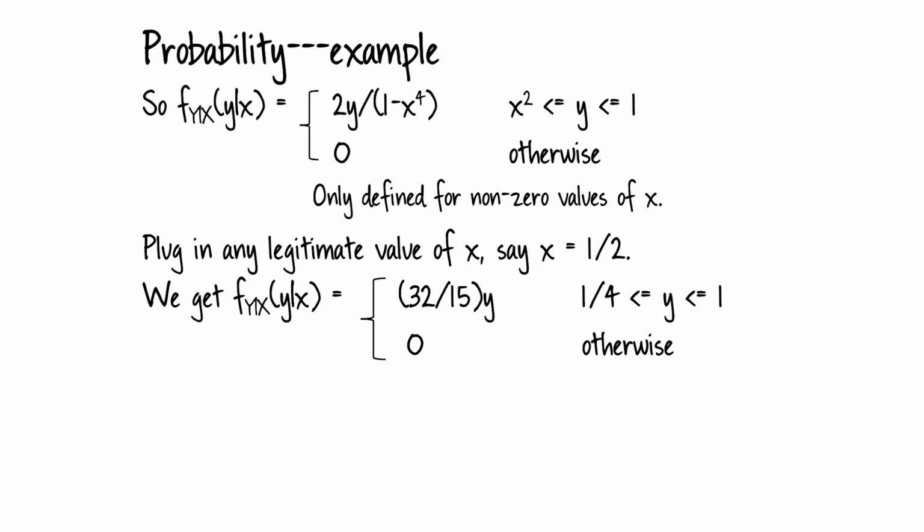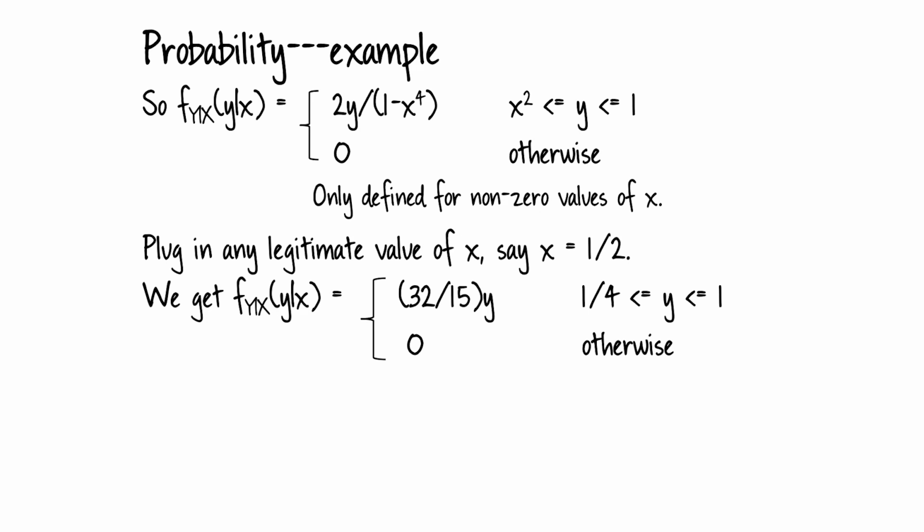Okay, so now, as I said a few minutes ago, sometimes the notation is a little confusing because conditional PDFs are expressed as a function of both x and y, so they look kind of like joint PDFs. Well, that's the case here, right? So this conditional PDF is a function of both little x and little y.